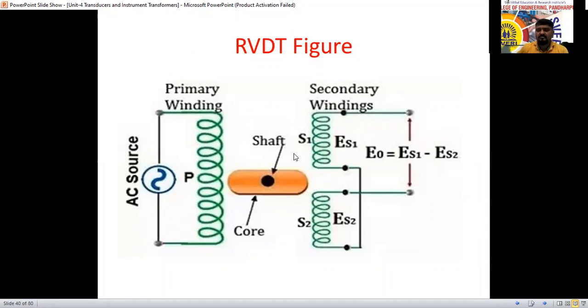What is the difference here? Is there any difference between the LVDT and this one? I am asking you. What is the difference? You tell me.